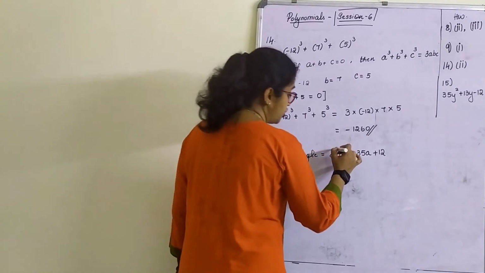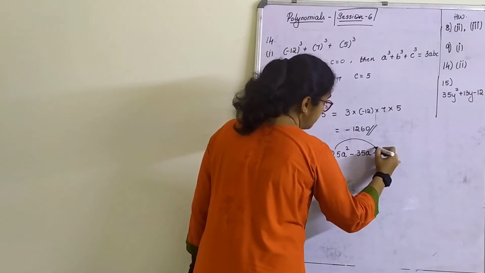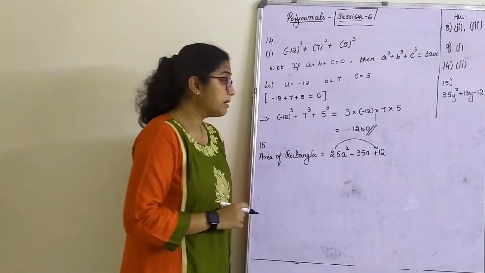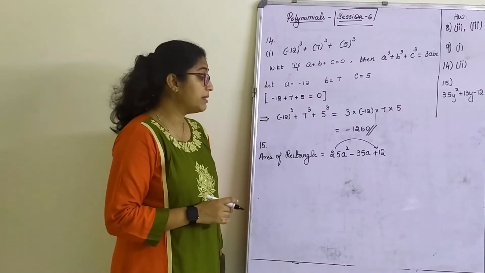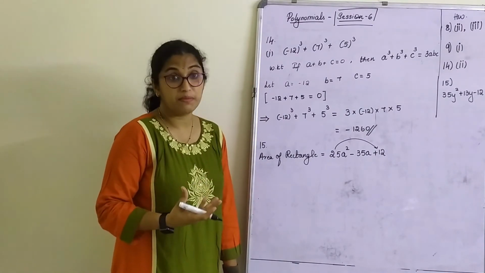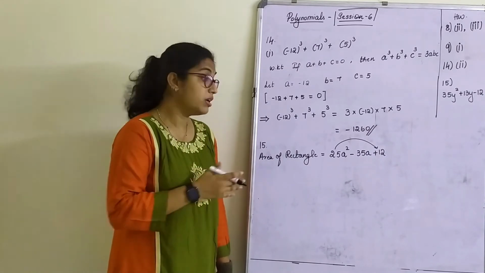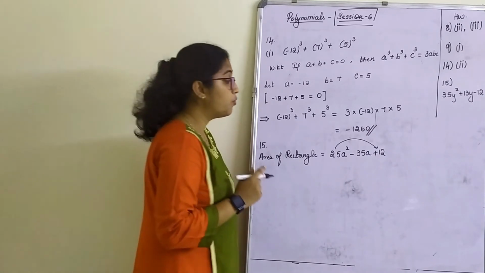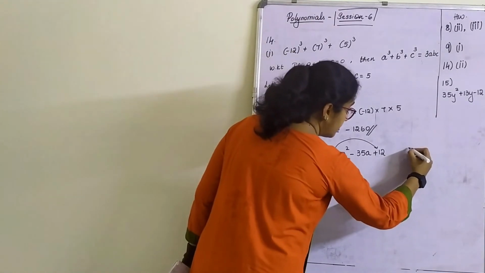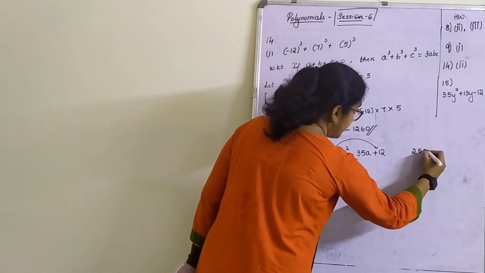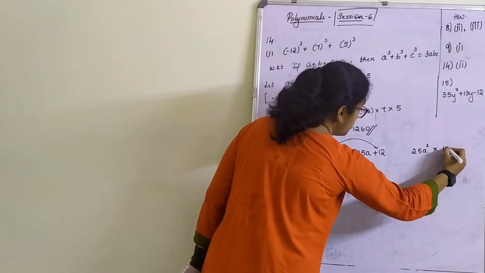We need to find its respective length and breadth, and that's only possible by factorization. Now, in the factorization technique, what we actually do is multiply the first and last term. But look at the first and last term. When you multiply 25 into 12, it comes to quite a big number. To find the factors is quite difficult. So, when we have such numbers, here I write 25a square into 12.